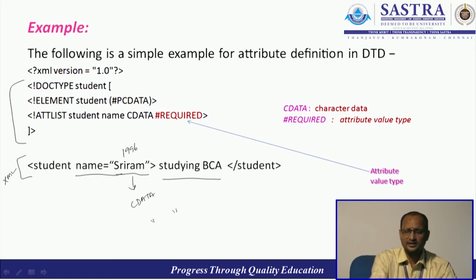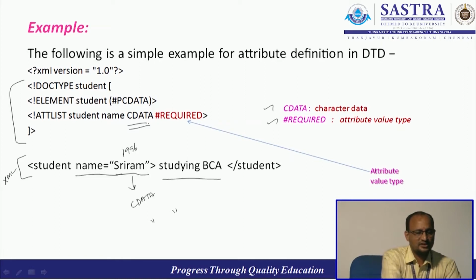You can see the character data with #REQUIRED given. In this portion, CDATA, which represents character data, as I mentioned here, is ATTLIST student name. Actually, name is an attribute that I have given here.